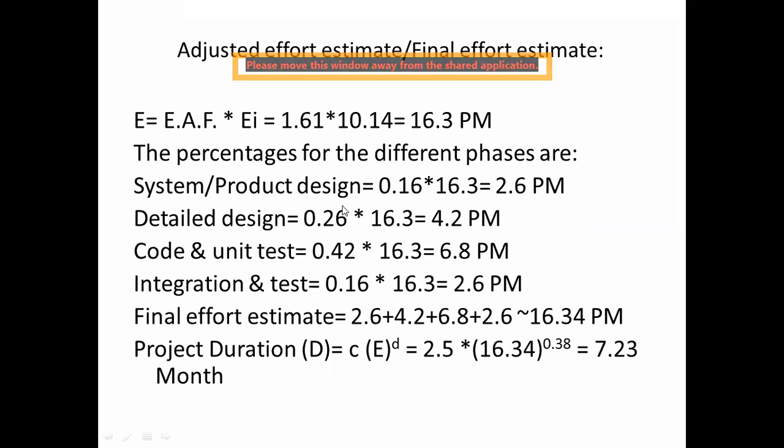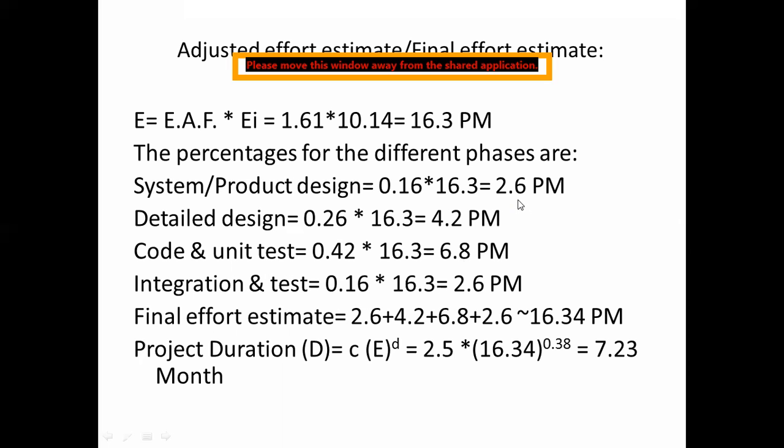You have to multiply by 16.3 in each case, because this is the total effort and this is the value provided in the table, divided by 100, means 0.26, 0.42, 0.16.